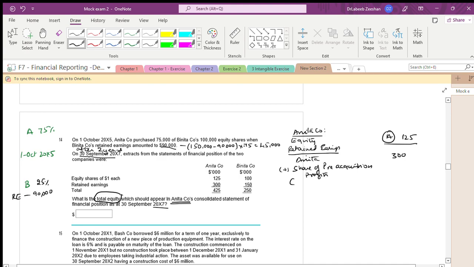Pre-acquisition profits as on 30th September 2007. How much is the profit as on 30th September 2007? 150.